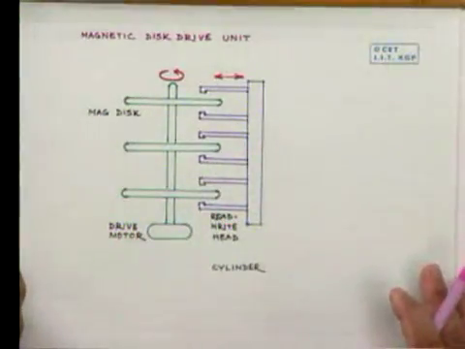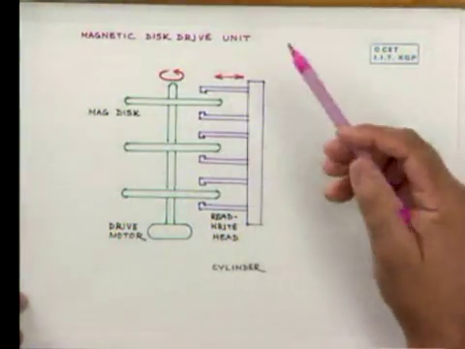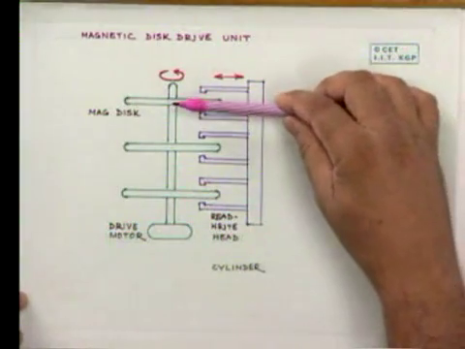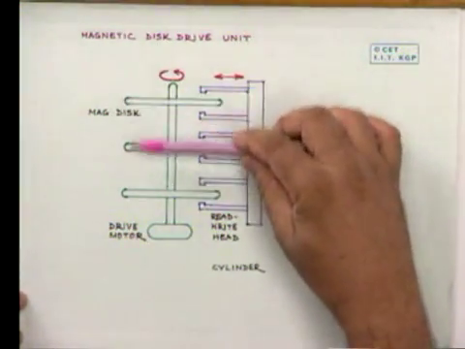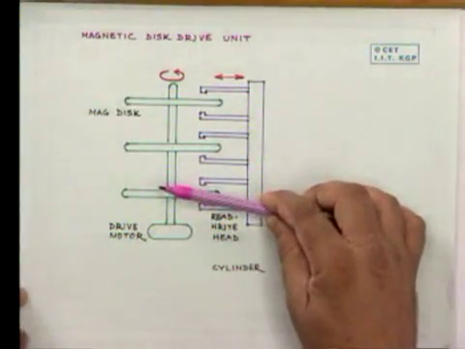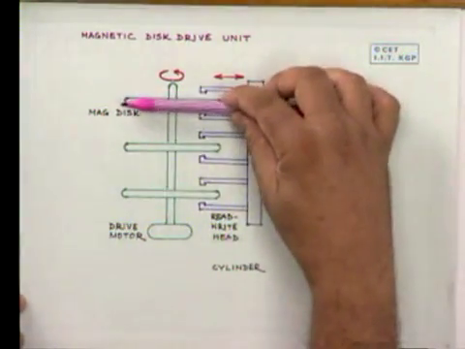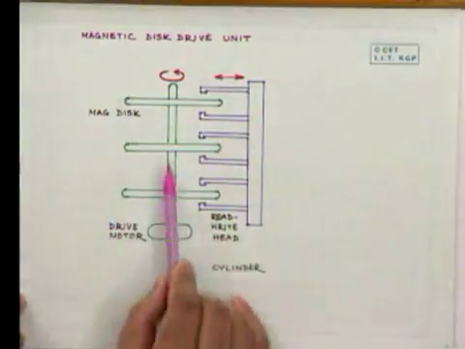Now let us see what the further situation can be in the case of a magnetic disk. Here I am talking about the hard disk and not the floppy disk. It can consist of several such magnetic disks, around 10, arranged on a spindle.